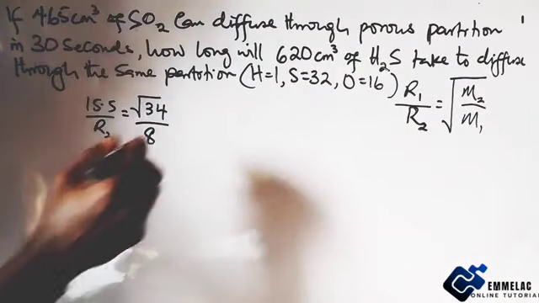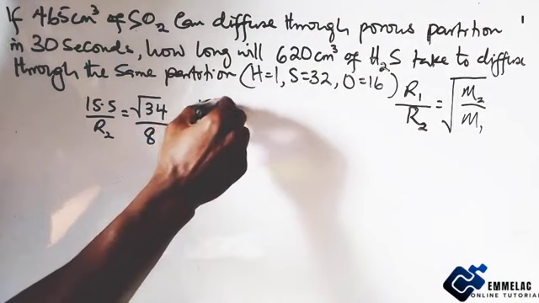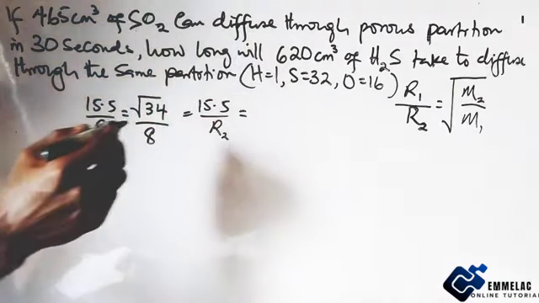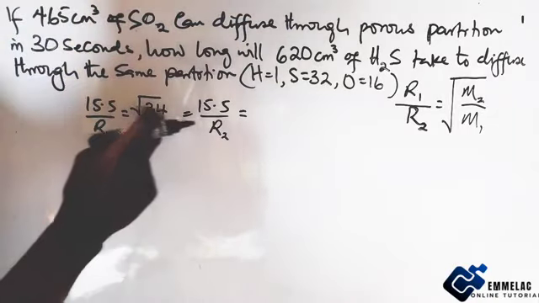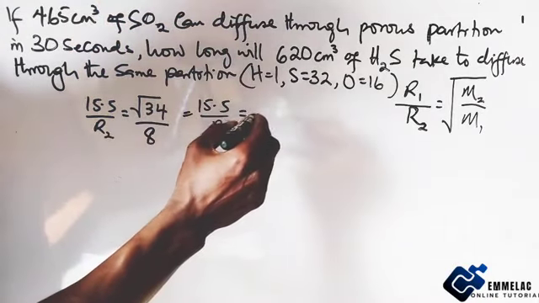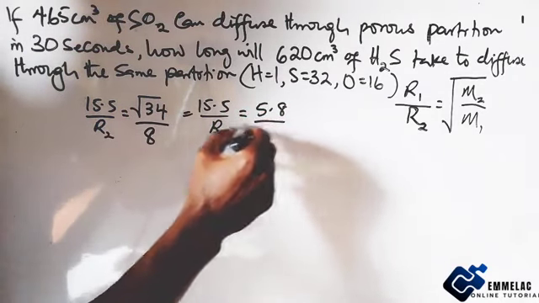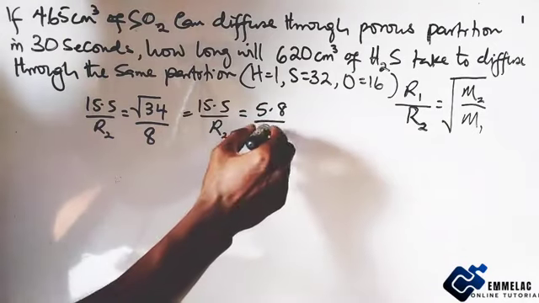By my calculator, the square root of 34 gives us 5.8, then all over 8.